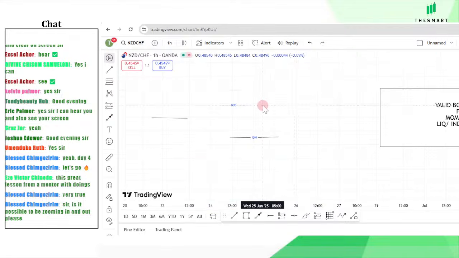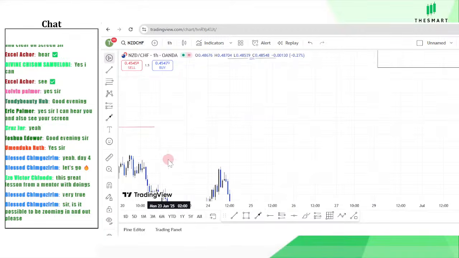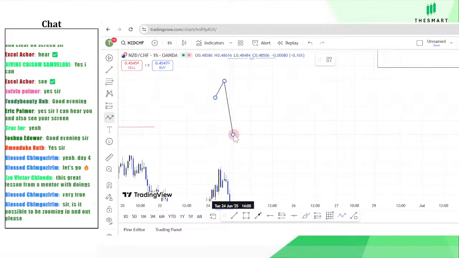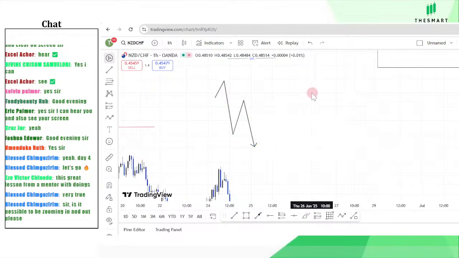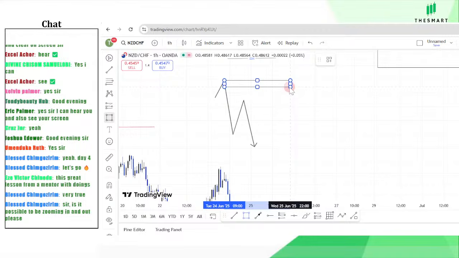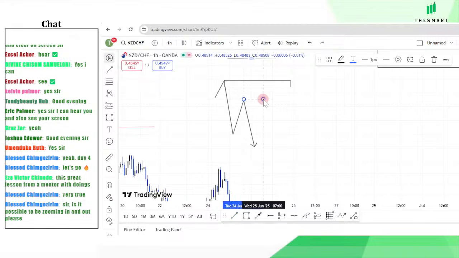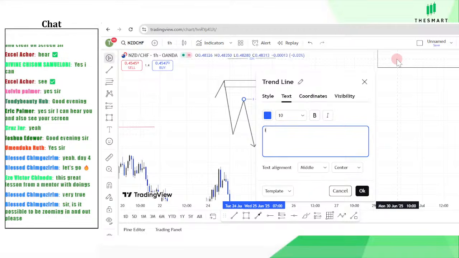So now let's look at this pattern. At this point, this will be our order block, and this will be our inducement here.